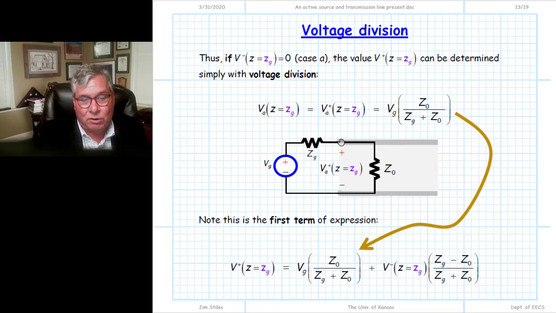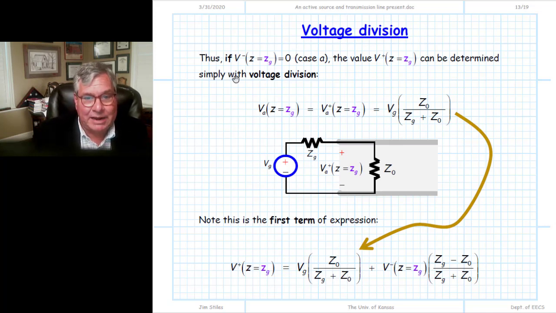Now that's the total voltage at the beginning of the line at ZG, but because the minus wave voltage is equal to 0, that total voltage is likewise equal to the plus wave voltage. So the plus wave voltage at the beginning of our transmission line is going to be equal to this when we have no minus wave voltage.